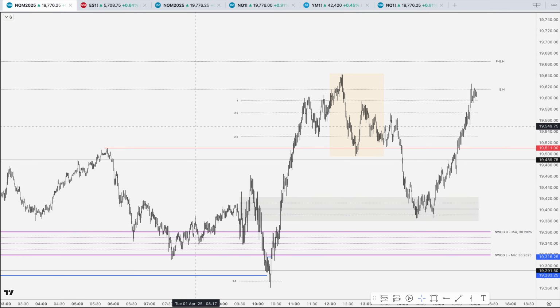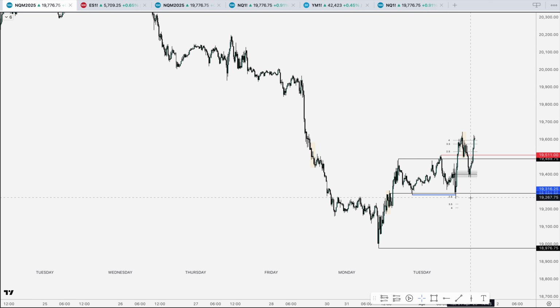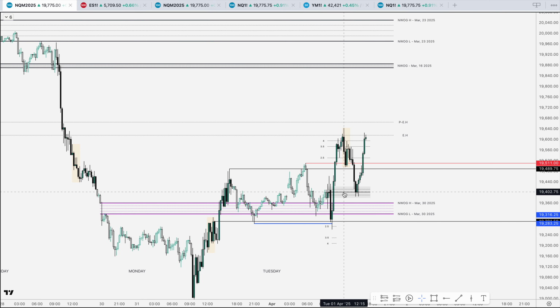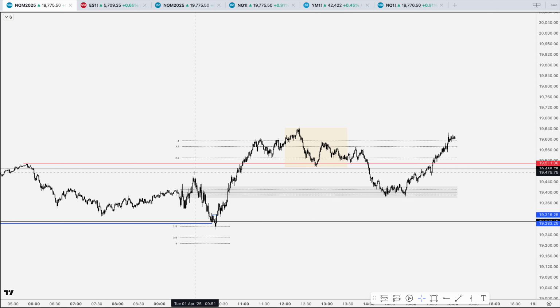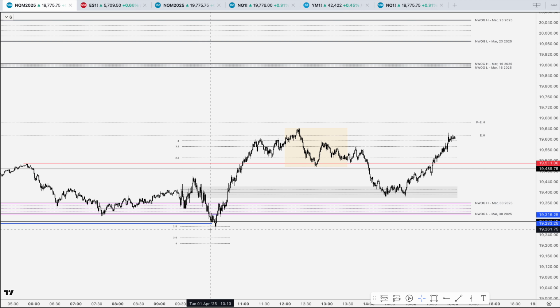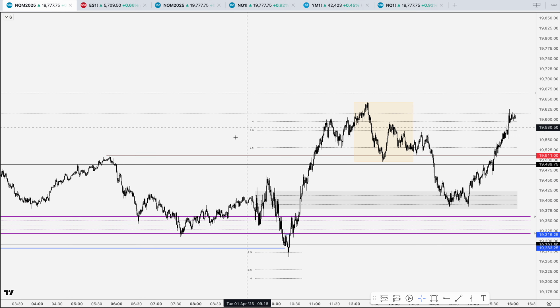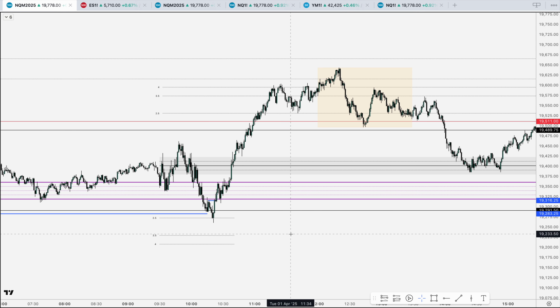Okay, so this is a really clean example, and this model, I call it the Deceiver model. What we do is basically we rebalance the gap that we have, and then we reverse towards the opposite side. Okay, so this is the Deceiver model. It's really simple. We deceive people, then accumulate and distribute higher.